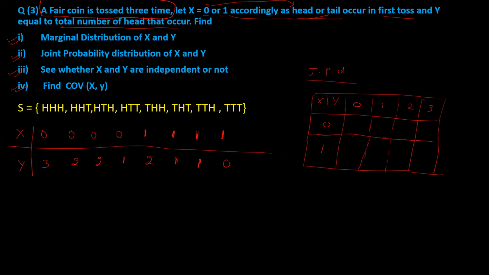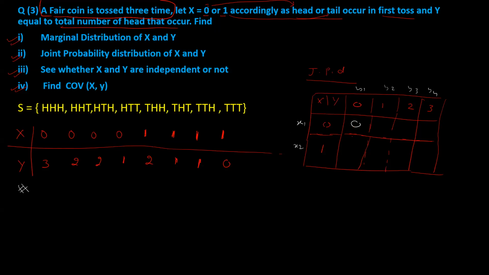This table plays an important role. This is x1 and x2, and this is y1, y2, y3 and y4. Now check 0 and 0. I do not have anywhere the x0 and y0 combination. So this probability will be 0.